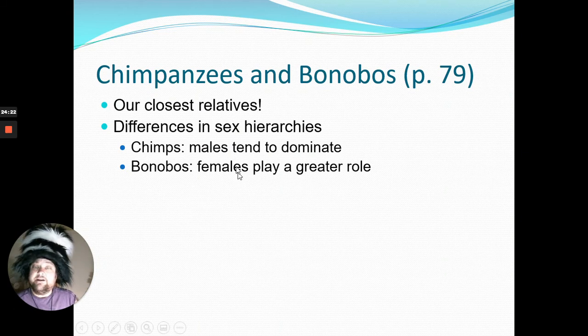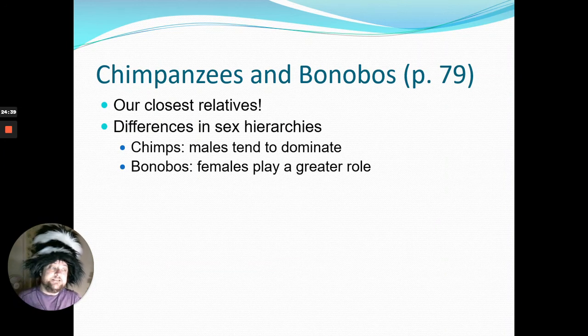So there are similarities between chimps and bonobos, but we're going to look at some of the things that are generally true about them. So one thing that is very striking: chimps tend to be a little bit more male dominated, and among bonobos, females play a greater role. So you'll see sometimes in chimps, males will try to dominate each other.